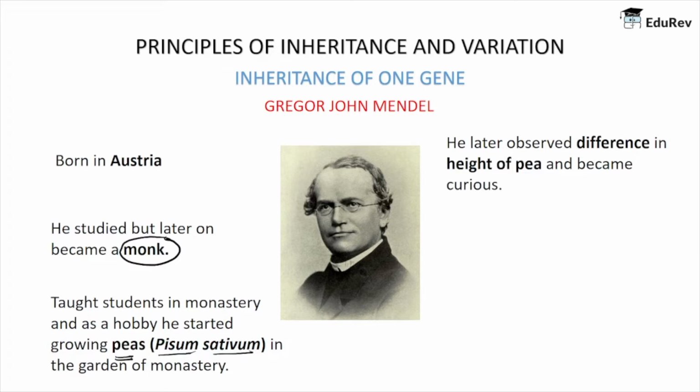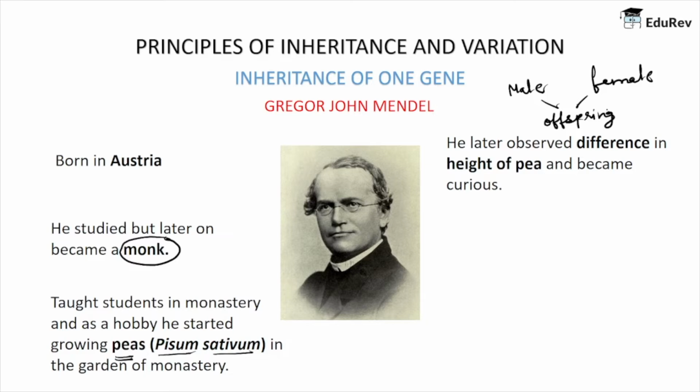He had a little knowledge about heredity, in which he knew that when an offspring is produced by male and female, that offspring has intermediate characteristics of both.